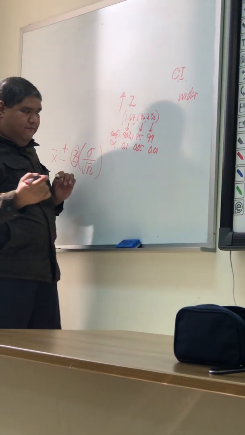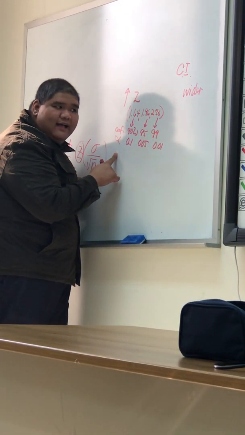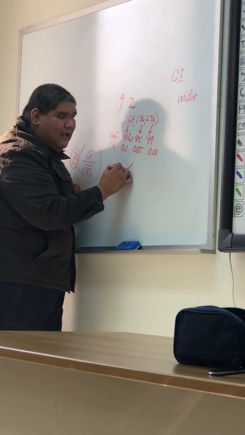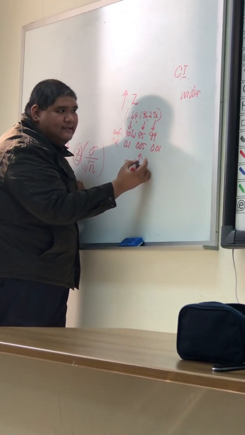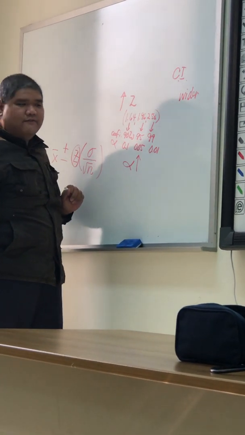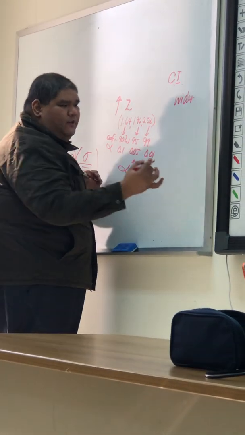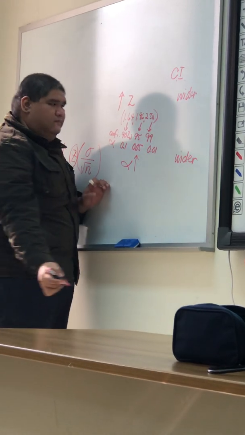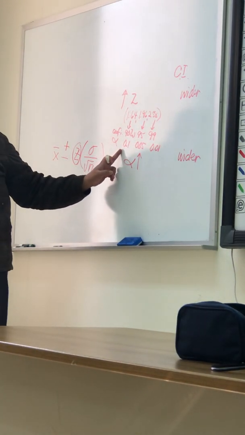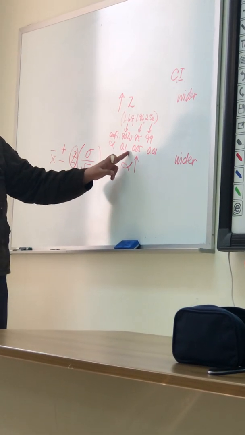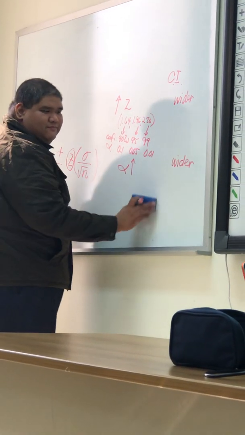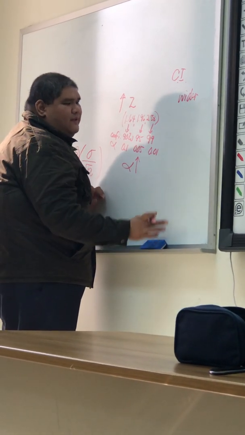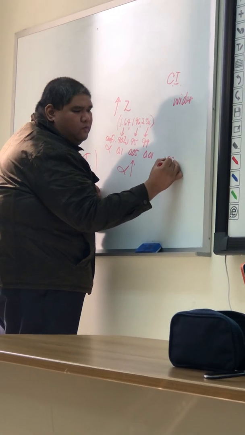What do you observe? As alpha increases, the confidence interval becomes wider. Is it wider as alpha increases? No, decreases. Becomes narrower.